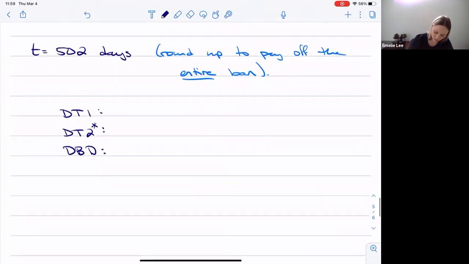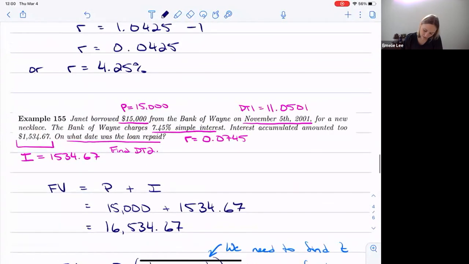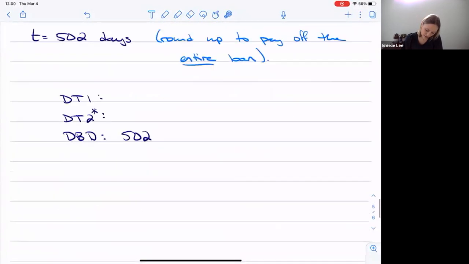My days between dates is 502 days. And date 1, when did she borrow this money? It was 11/05/01, so November 5th, 2001. So 11/05.